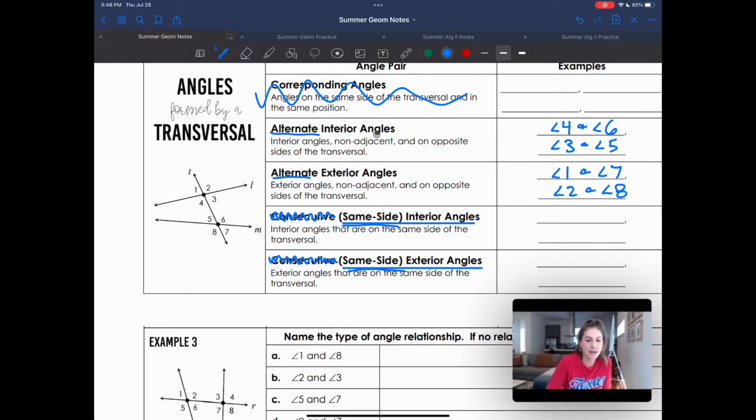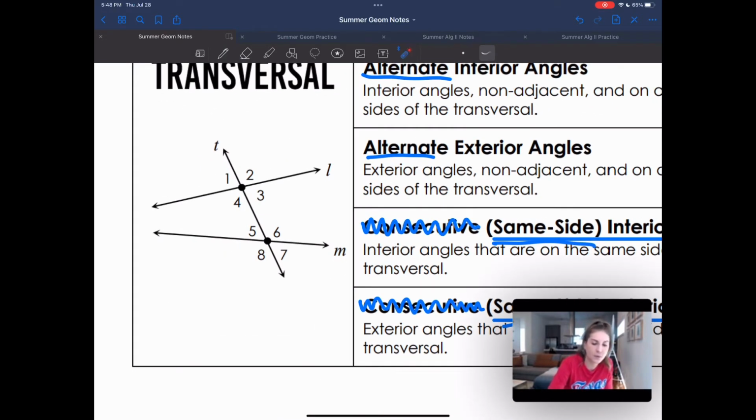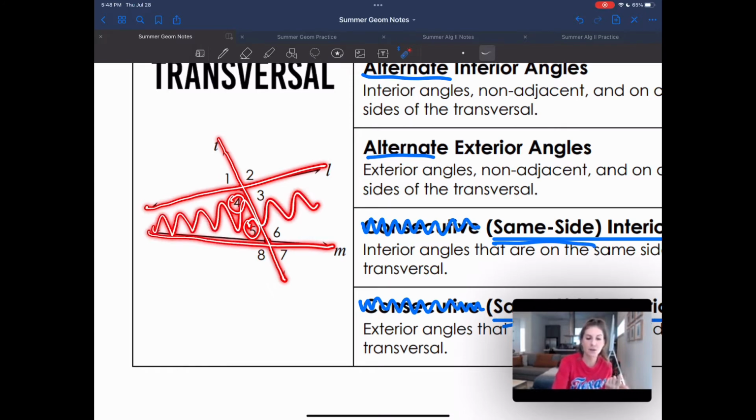Okay, same-side interior. Let's break that one down. We look to our transversal always first. And angles on the same side, well, there's a bunch of them, but let me pick two to show this to you. I'm going to pick 4 and 5. Those are clearly on the same side of the transversal, right? And then if we look at these two lines, they are also still on the interior of them.